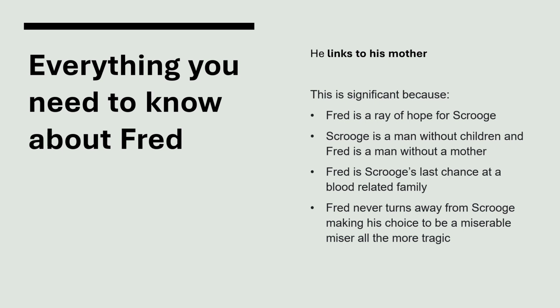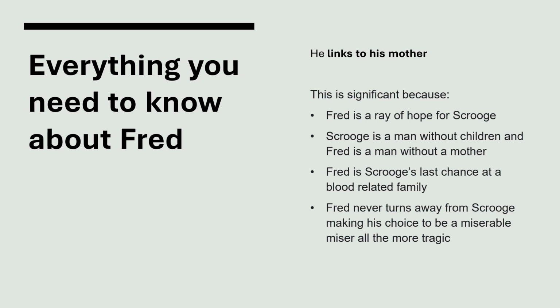Although at the end, he does become like a second father to Tiny Tim, Fred is Scrooge's last remaining family member, and Fred means that there is hope for Scrooge. The introduction of Fred's character means that Scrooge does have family out there, and makes it all the more tragic that he chooses to be miserable and he chooses to be a miser, because he has other options.